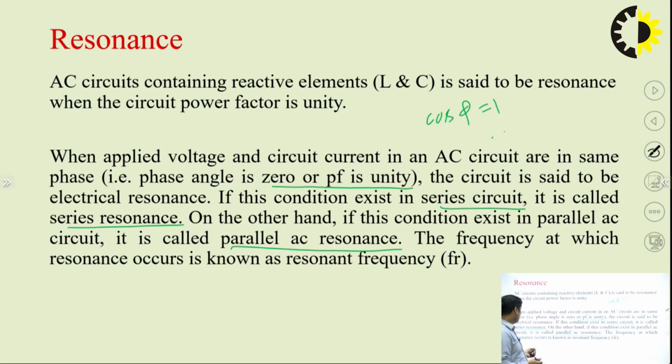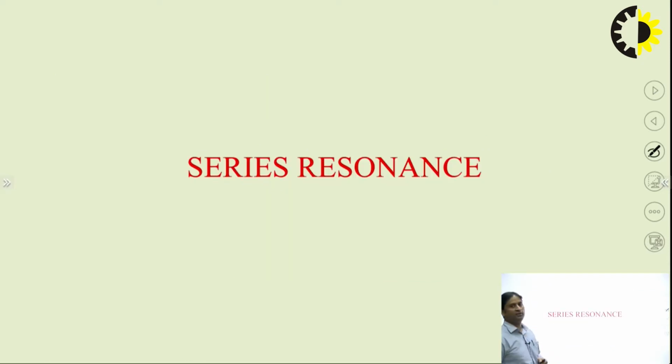And the frequency at which the resonance occurs is called the resonance frequency. Whenever resonance occurs at a particular frequency, we call it the resonance frequency. So, first we discuss the series resonance.